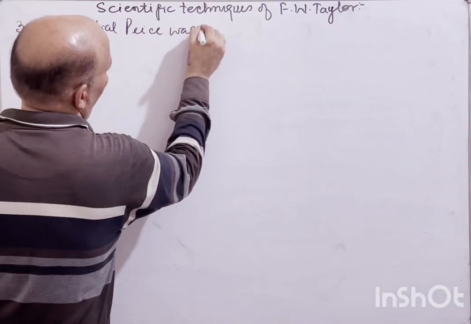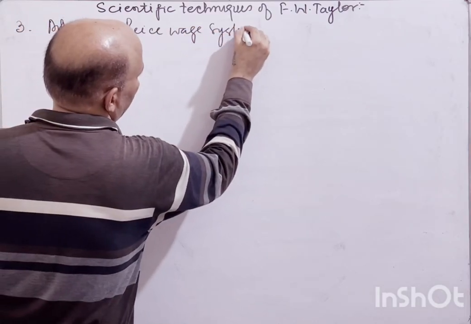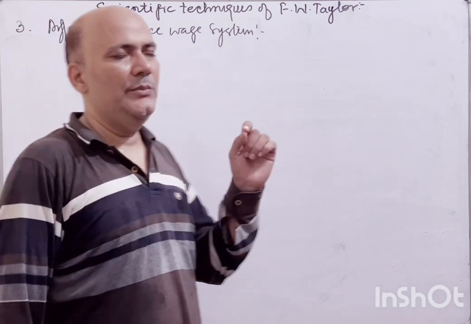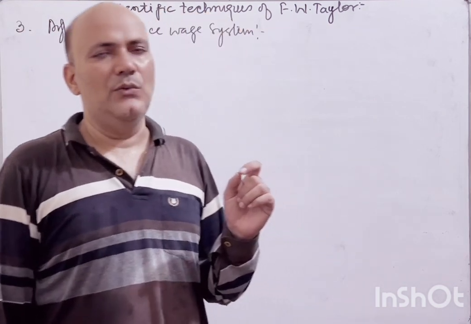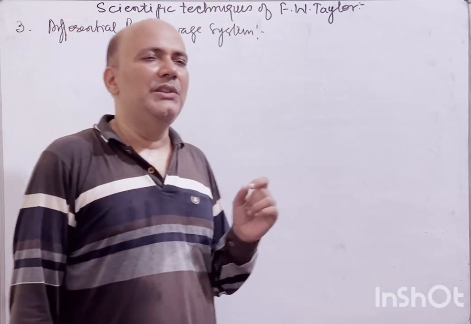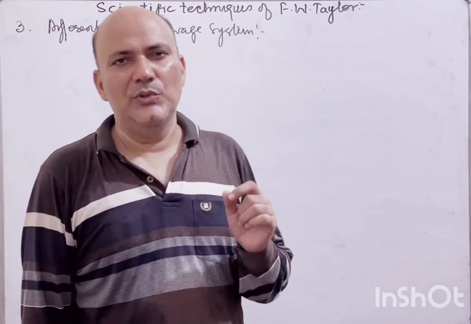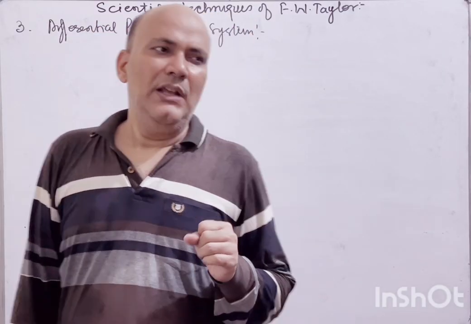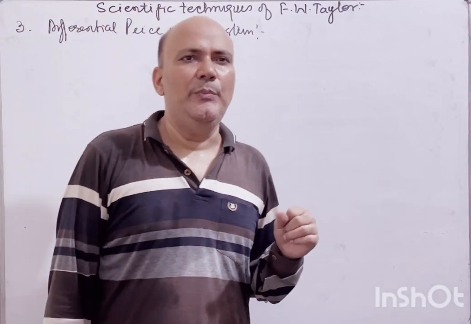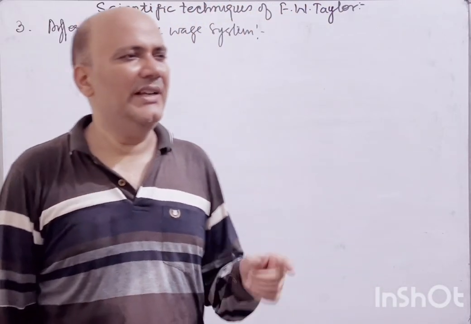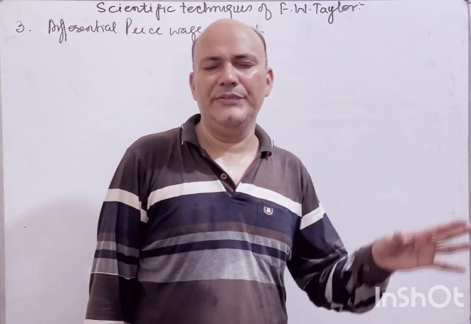This is called the differential piece wage system. Now, what is the definition? The differential piece wage system is advocated by Mr. F.W. Taylor, which says that there should be a standard product fixed by the organization and each employee should be paid according to that standard product. If he fulfills that criteria, he should be given the fixed salary.